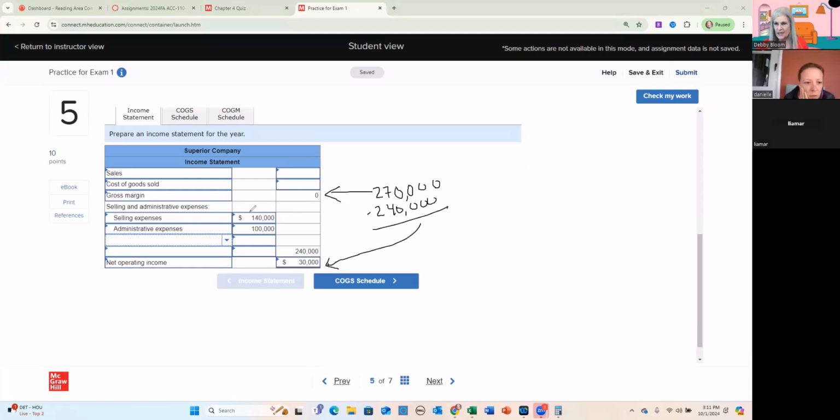So right now, I know that my gross margin is going to be 270,000. So if I can figure out either the sales or the cost of goods sold, I automatically know the other number.